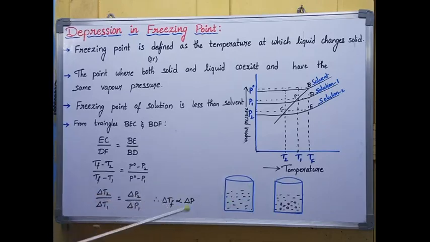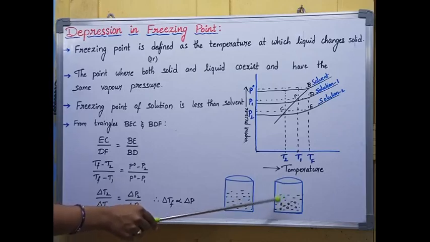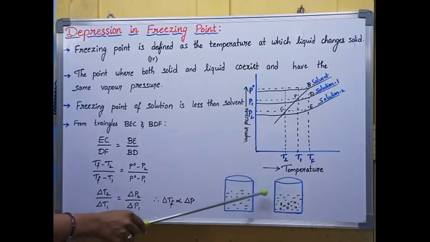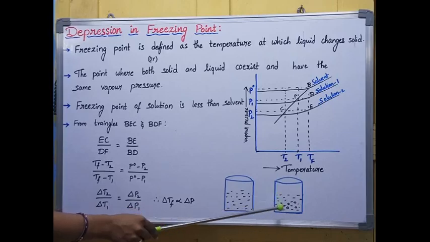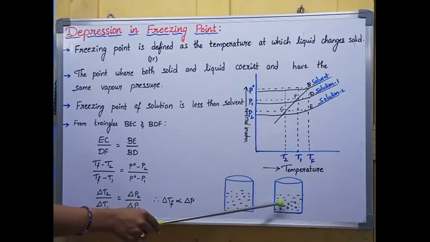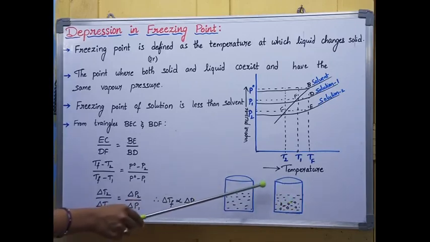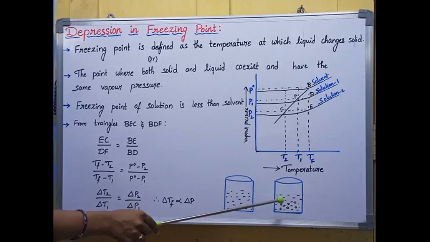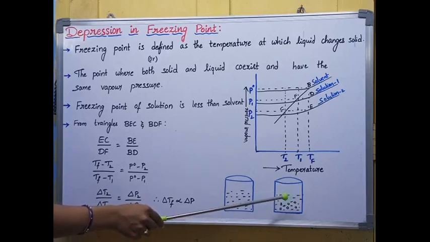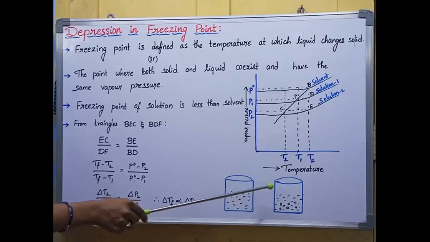Now when I add any solid to this water, that means when I am making this a solution, I add some solute to the solvent. For example, I add sodium chloride. You can observe sodium ions and chloride ions in this solution. What will happen when I decrease the temperature? These water molecules come closer, but the sodium and chloride ions interrupt this hydrogen bonding.